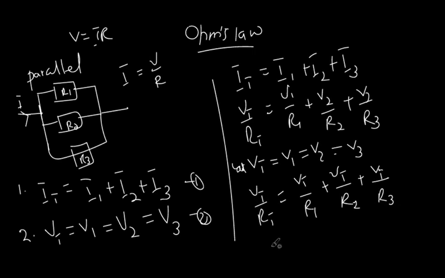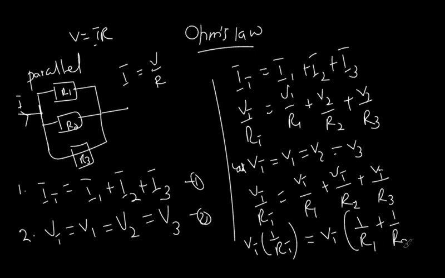Now we factorize out the V total. So we will have V total into bracket 1 over R total. This is the same as what we have over here, which is equal to V total into bracket 1 over R1 plus 1 over R2 plus 1 over R3.